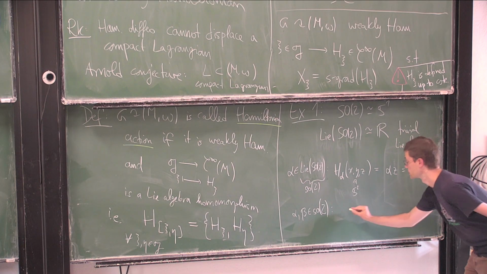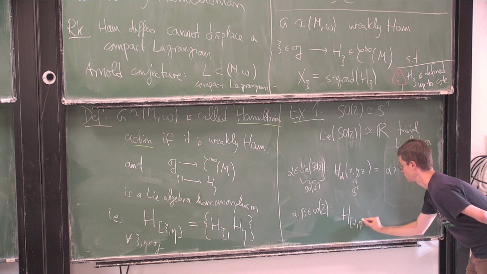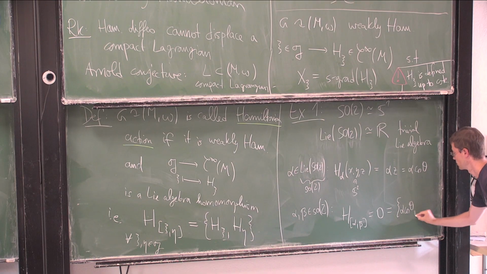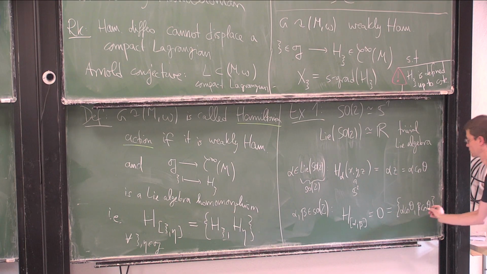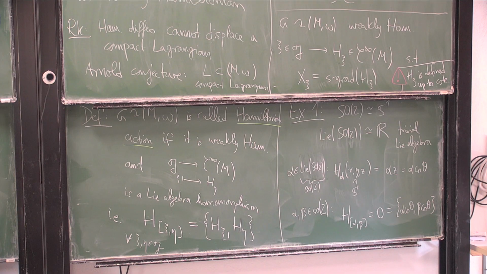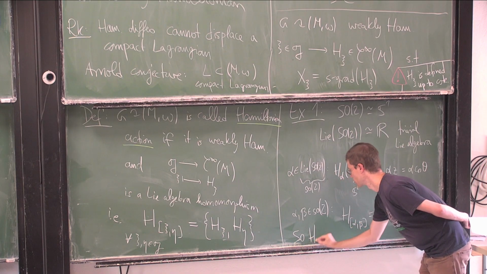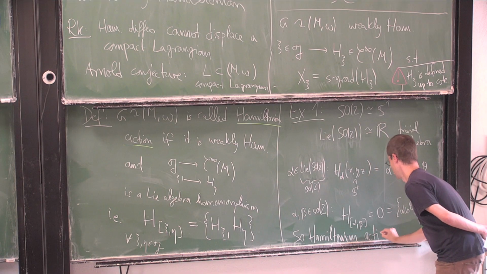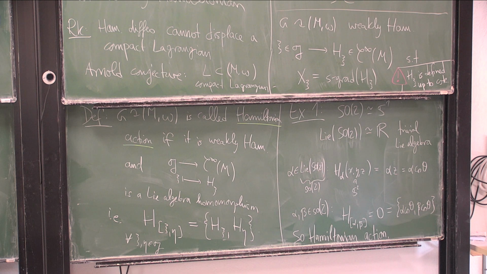If I take two elements alpha and beta, their bracket is 0, so h of the bracket is 0. That is also the Poisson bracket of alpha cos theta with beta cos theta, which is also 0. So this relation holds. So the action of example 1 is actually even Hamiltonian. So example 1 is symplectic, weakly Hamiltonian, and even Hamiltonian. Example 2 was symplectic, but not more.